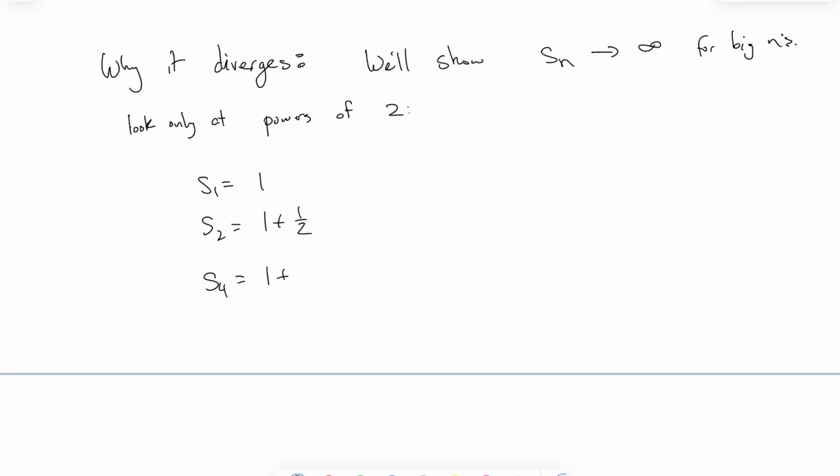S4 is 1 plus 1/2 plus 1/3 plus 1/4, right? Remember, this is how the harmonic series looks. It's always 1 over n, where n just increases forever. That's S1, S2, and S4. Check it out. Here is a cute trick.